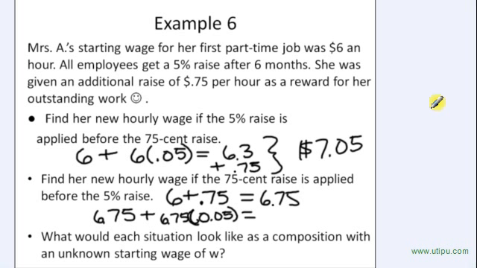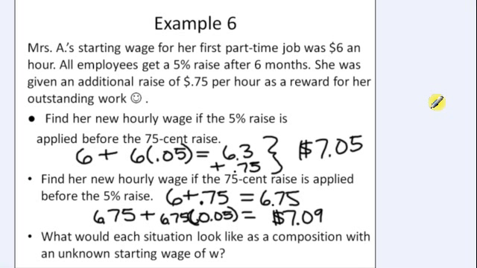And if we add that together, it looks like it'd round to $7.09. So you can see 4 cents more per hour if we apply the 75-cent raise first.